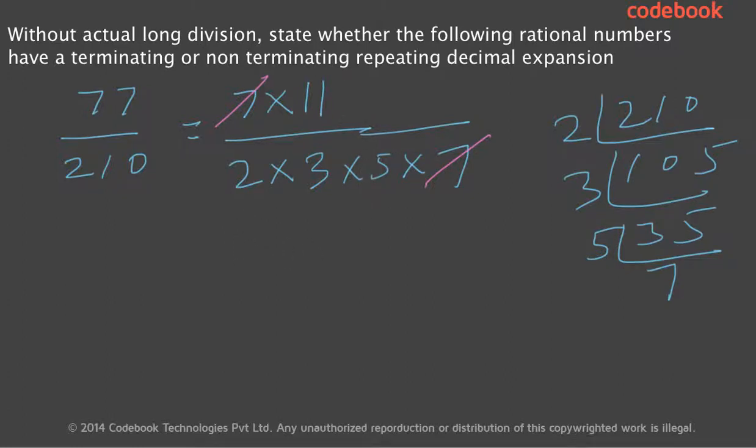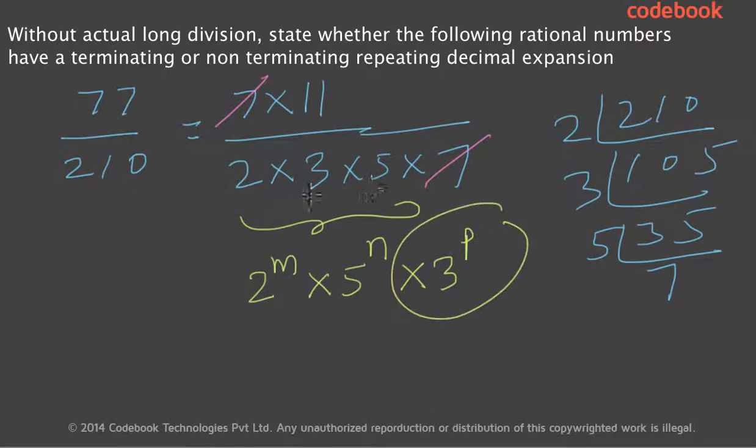Now if you observe, the denominator is in the form of 2 power m times 5 power n times 3 power p. But this is not in the form of 2 power m times 5 power n alone. There is an extra 3 power p over here, where m is 1, n is 1 and p is 1.